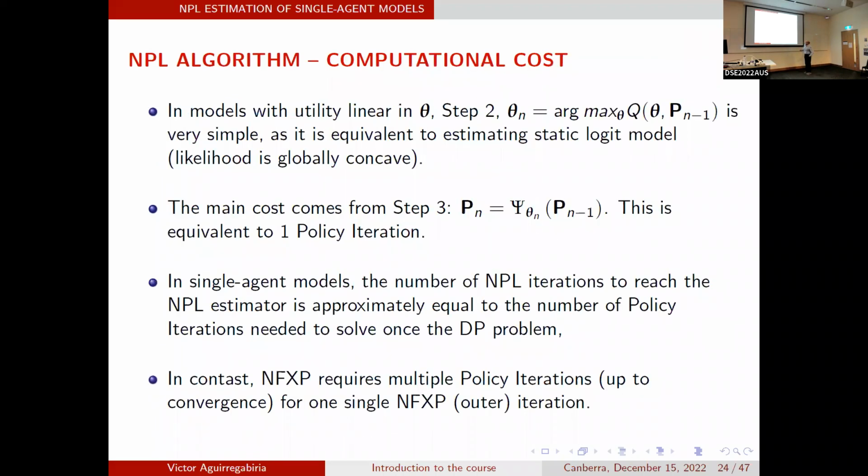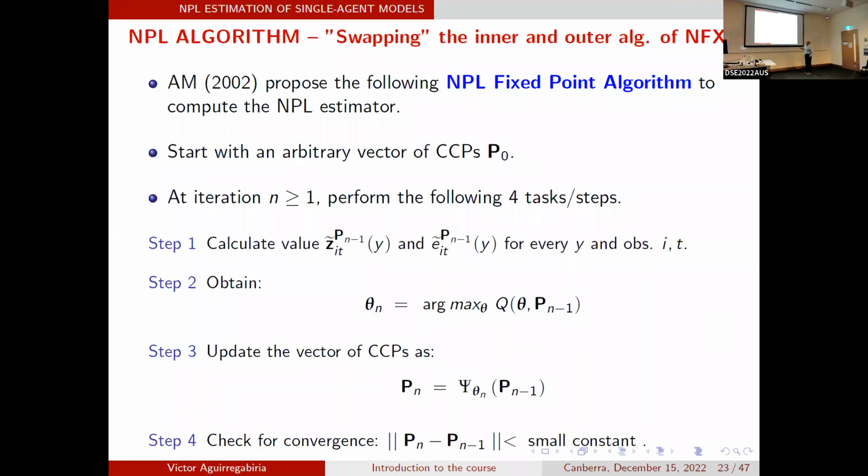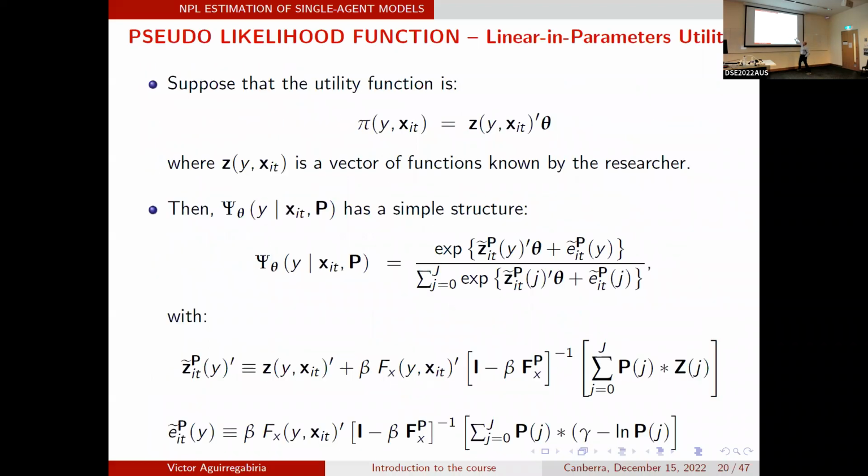Step 3 basically comes down to this expression here. We have already calculated the Z tilde. Now we have the estimate of theta, just plug it in here and obtain a new vector of choice probabilities that comes from this equation, evaluated at the previous P and the new theta. And that gives us the new vector of P's.